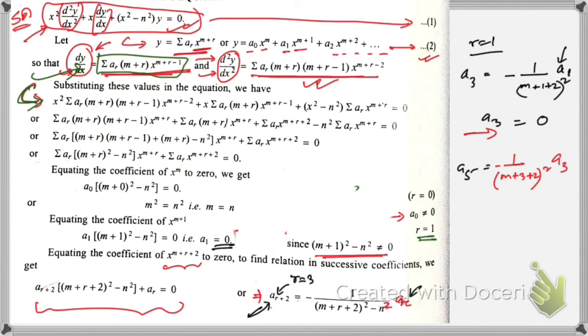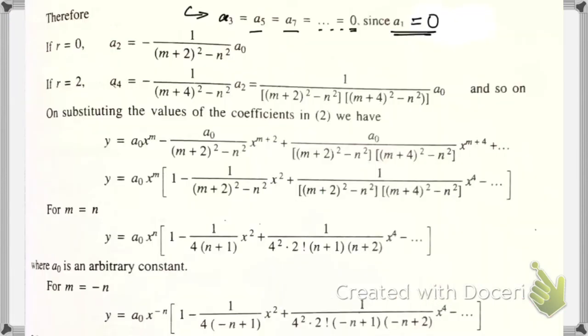That's what you get on putting r equal to 3. As we have already got a3 equal to 0, this term will also be 0. So that's how for r equal to 1, 3, 5 and so on, we get a3, a5, a7 and so on, all equal to 0, since a1 is 0. These all terms become equal to 0. So that's how we have got this relation. Hope you have understood.